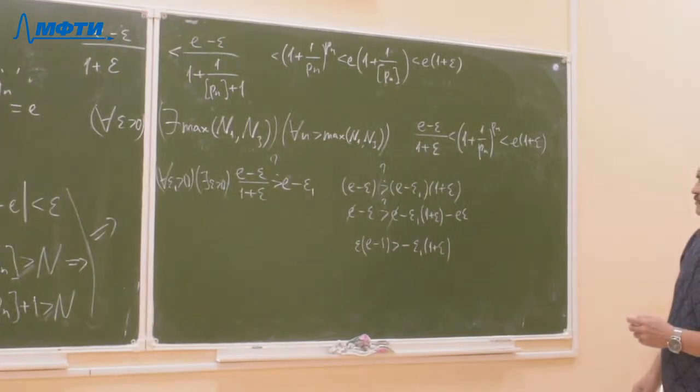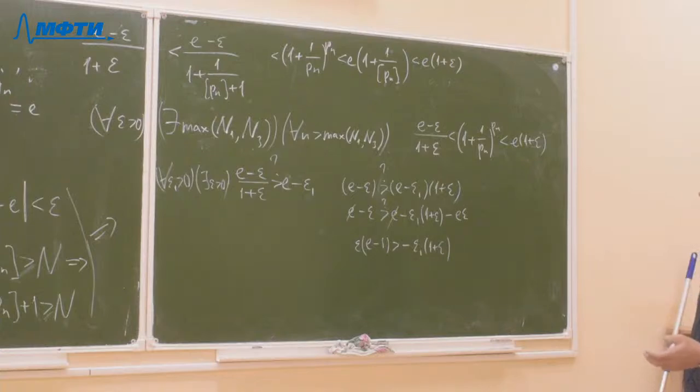So that is very good. E minus epsilon is greater than E minus epsilon 1 minus E epsilon. Yeah, that is for sure true for arbitrary epsilon 1.